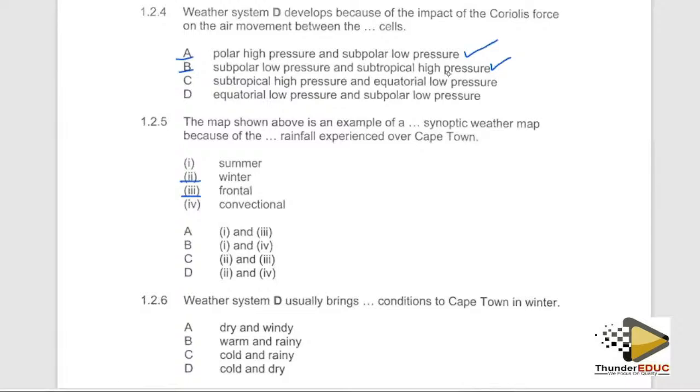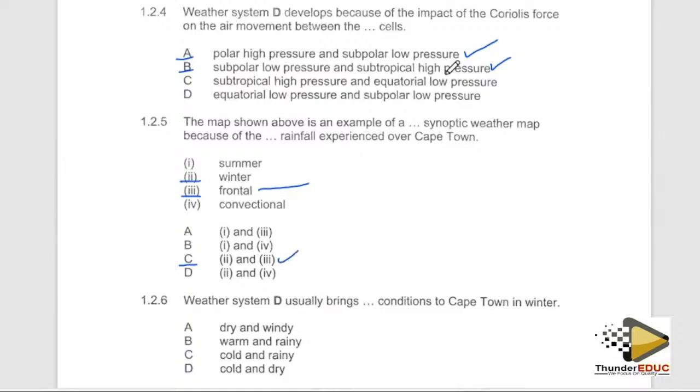When we talk about frontal rainfall, this comes as a result of the different air masses meeting at the polar front. So that's why we say that the map is a winter map, which as well causes frontal rainfall. So option 2 and 3 for this case, which will be option C, as our correct answer.